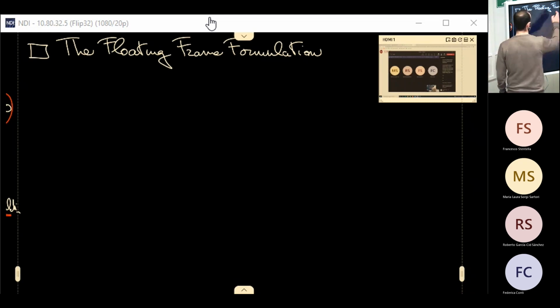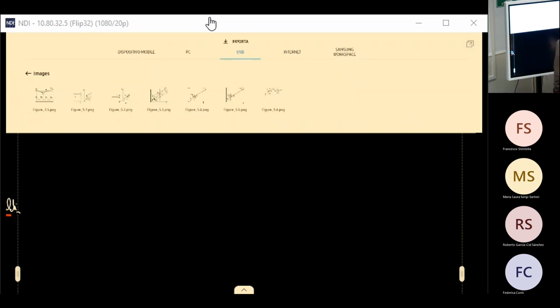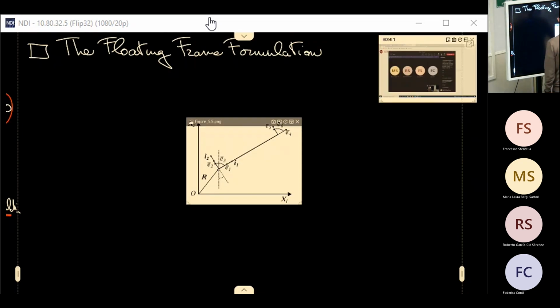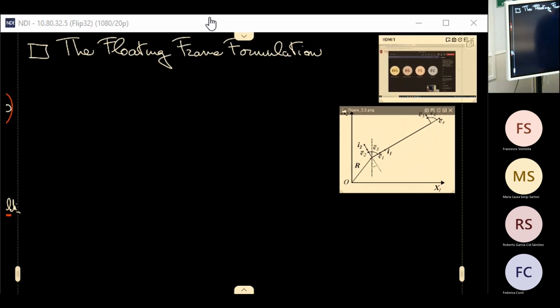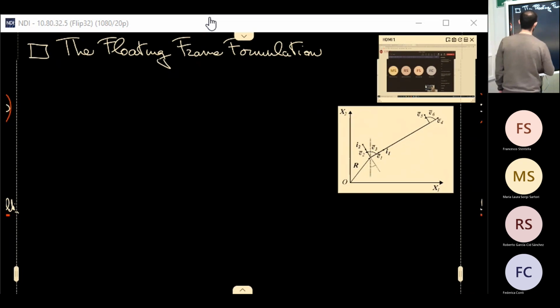Let's see right now what we are talking about. So we again consider the 1D beam element.